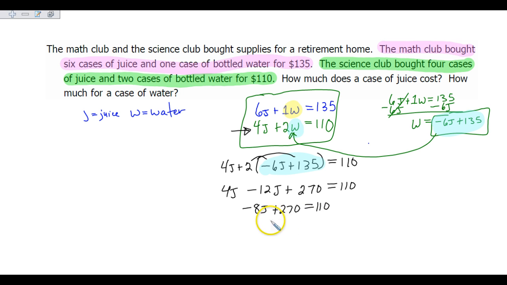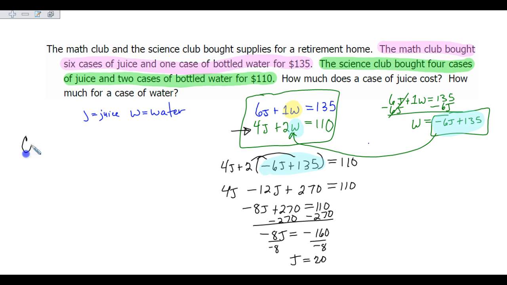And then I subtract 270 from both sides, and I'll get negative 8J equals negative 160. And then when I divide by negative 8, I'll get J equals 20.